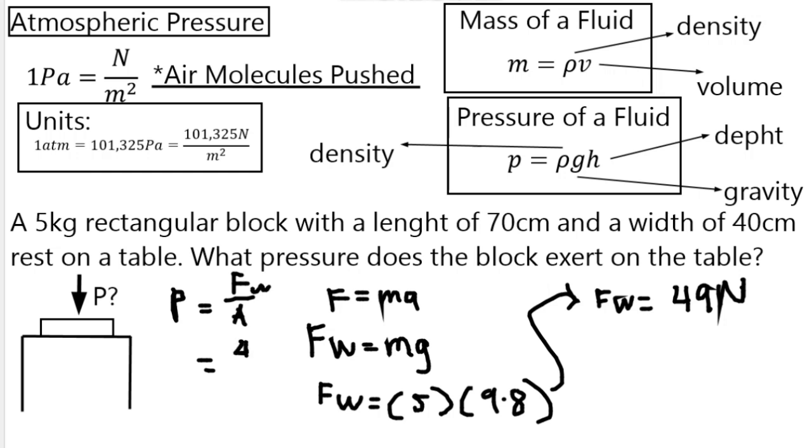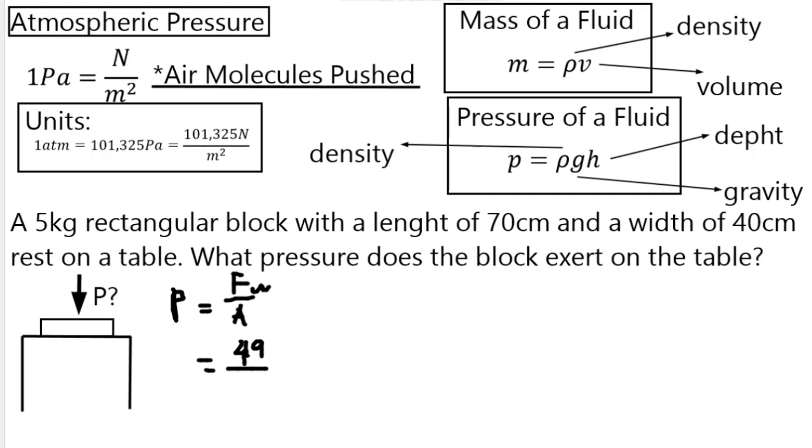Now the area of our block is going to be 0.7 times 0.4, right? So this centimeter, we can just write it as 70 times 10 raised to the negative 2, and 40 as 40 times 10 raised to the negative 2.